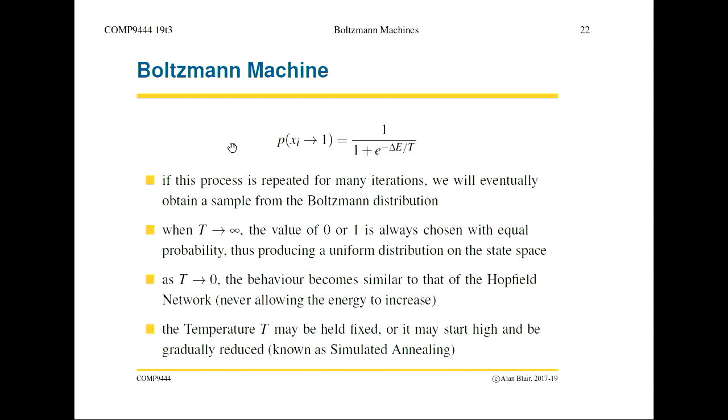To get W, this is 1, 2, 3, and 4. So W1,2: this times this is 1, and this times this is minus 1, because in this pattern they're the same, in this pattern they're different. So that's going to be 0.